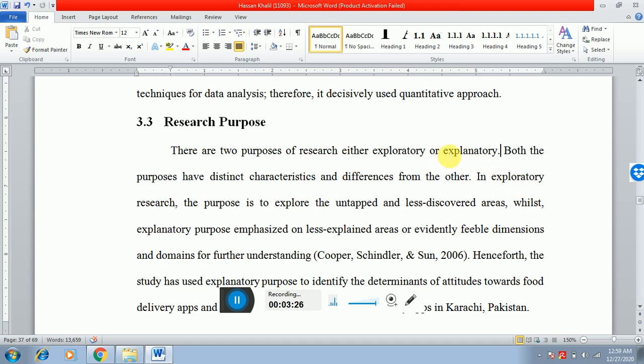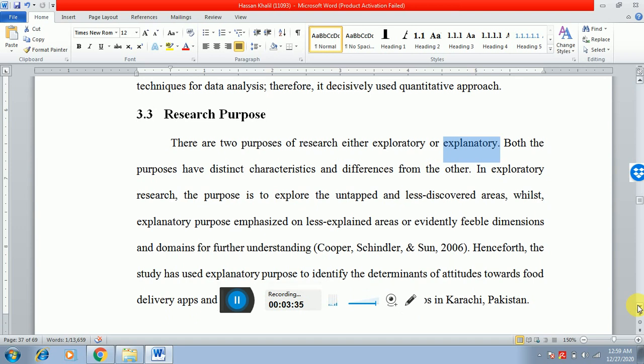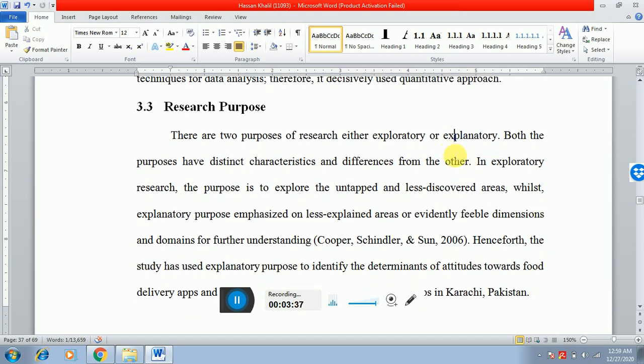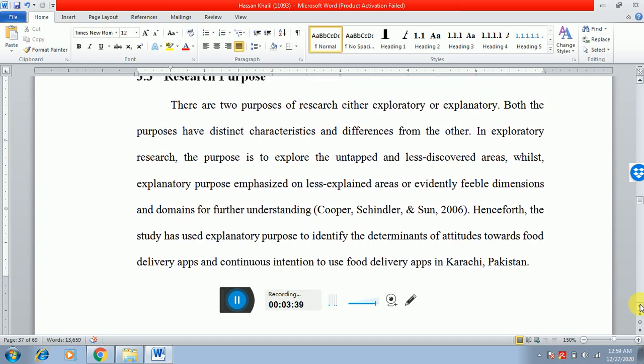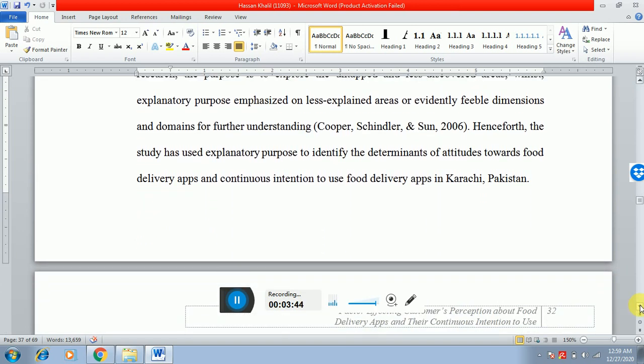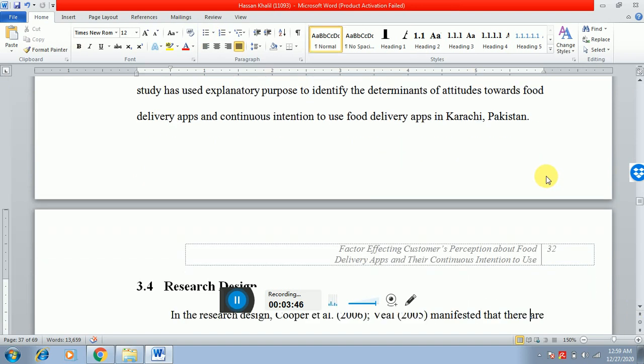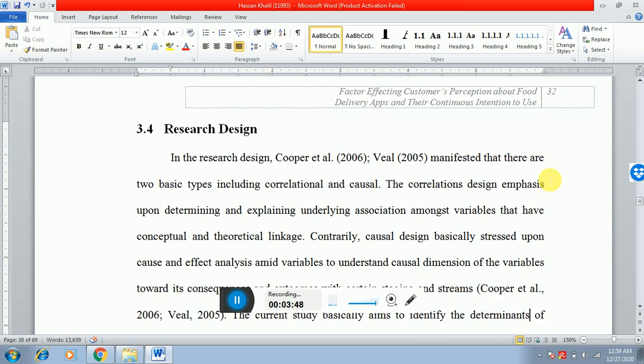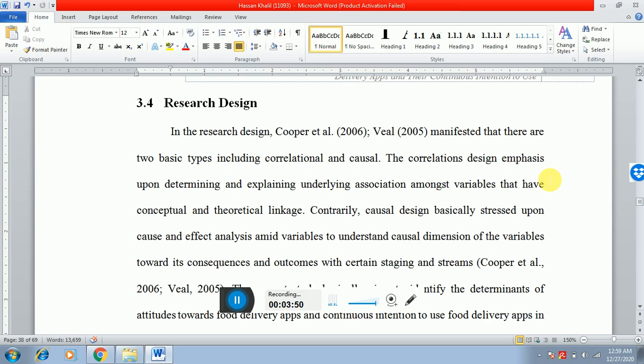So in majority of the cases, you all have the explanatory research purpose. So what you have to do is you have to first describe all of these three first, and then explain why your research is explanatory. Make sure that you use citations in writing this, so you can use any research methodology book from where you can get these types of definitions, and then you can cite that particular book.